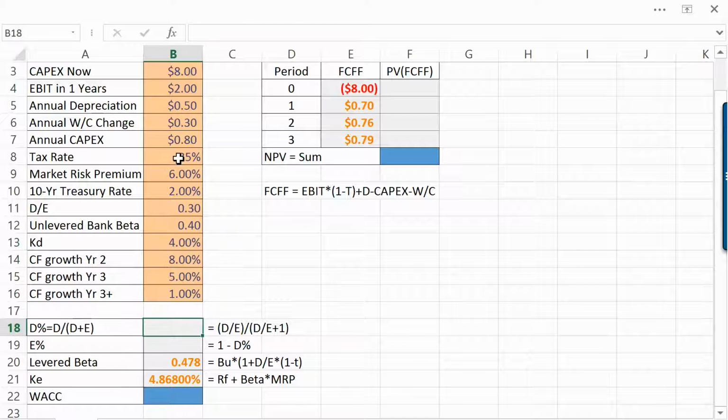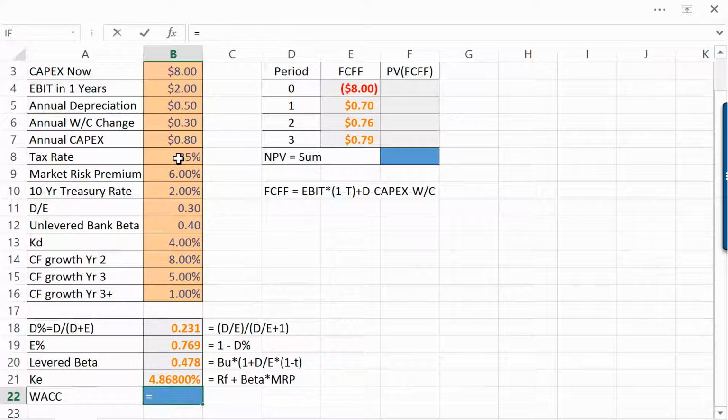You can rewrite it to calculate the debt percent as basically being the D/E ratio over 1 plus the D/E ratio. So if you have a D/E ratio of 0.3 for every $1 of equity, that means you have 0.3 of debt for every $1.3 of debt and equity, which is 23%. 1 minus that is my equity percent.